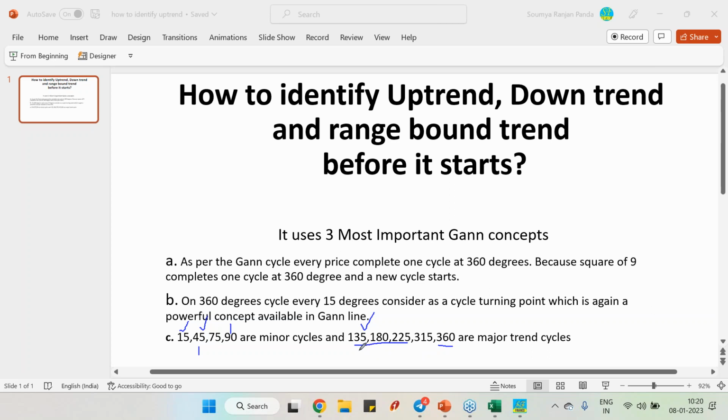So these 45 multiples are the major trend cycles. You have now understood the terms major trend cycles, minor trend cycles, and cycle.